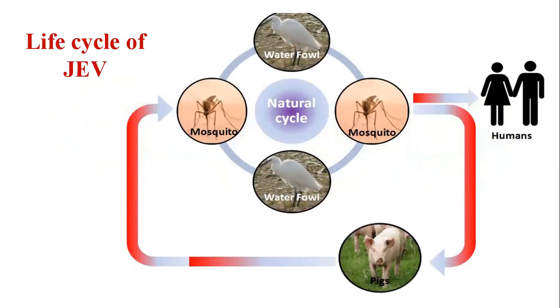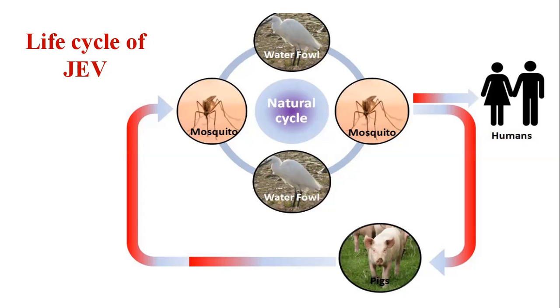This is the life cycle of Japanese encephalitis virus. Here you can see bird, mosquito, bird, or else pig, mosquito, pig cycle, then to humans. This is the life cycle of JEV, and this is a natural cycle.